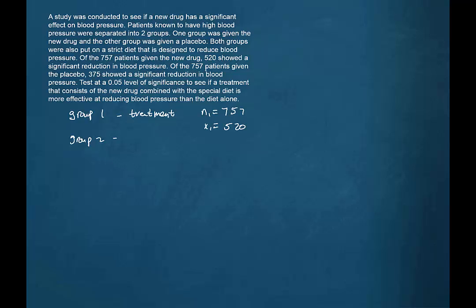Of the 757 patients given the placebo, so if group 2 is the control group, or the group given the placebo, then n2 is also 757. It says that 375 showed a significant reduction in blood pressure, so x2, the number of favorable observations, is 375.